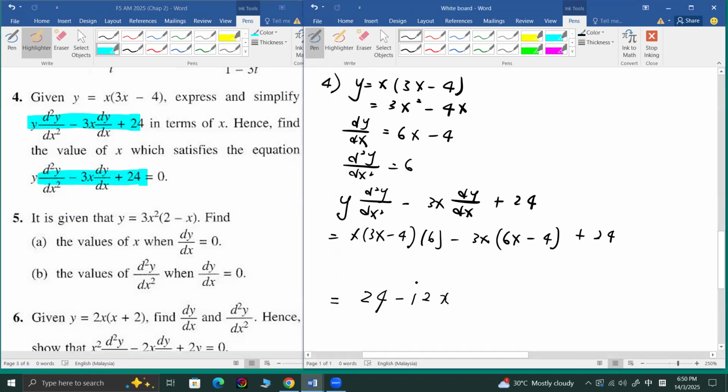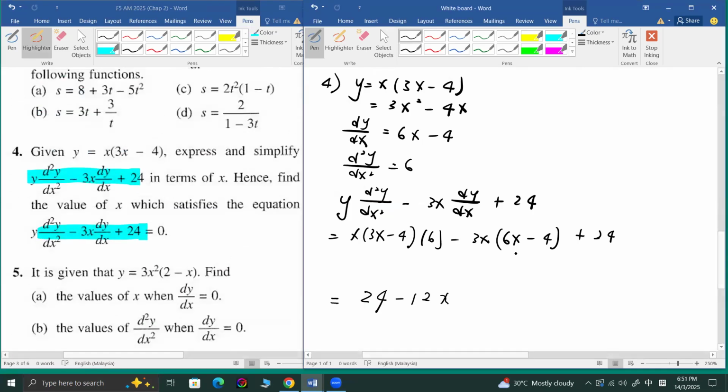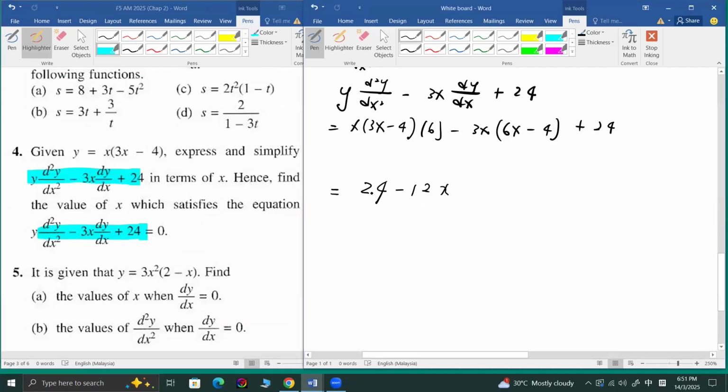So what you need to do is just say that this is 0, because you have simplified the blue part to get this. So just continue to say that given 24 minus 12x is 0. So you just find x. Now 12 to 24, right? So x is 2. Okay, got it?